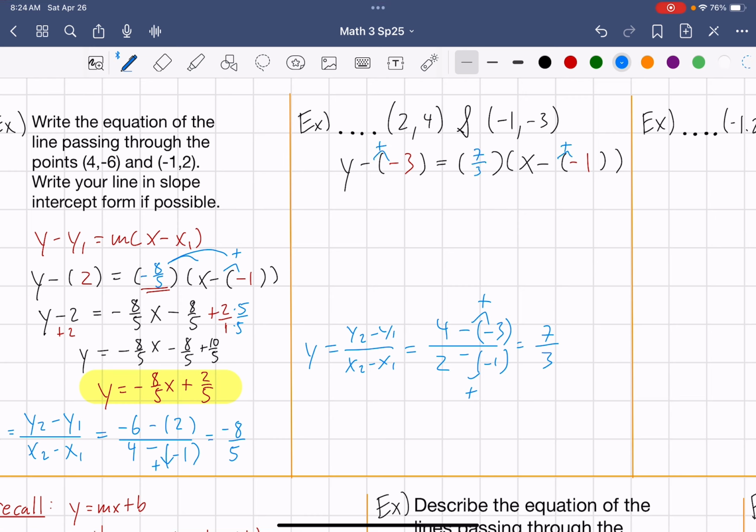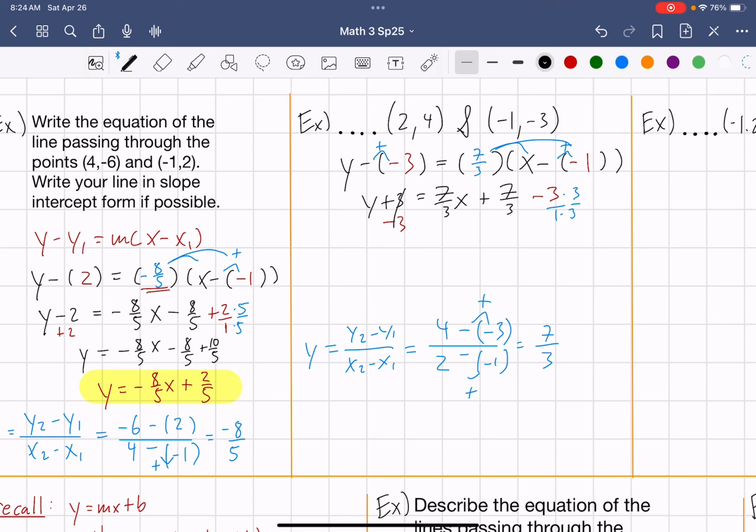So do these. And I'm going to distribute this through to give me y plus 3 is equal to 7 over 3 x plus, and then 1 times 7 over 3 is just going to be plus 7 over 3. And then I need to subtract that 3 from both sides. But once again, I need to have the same denominator.